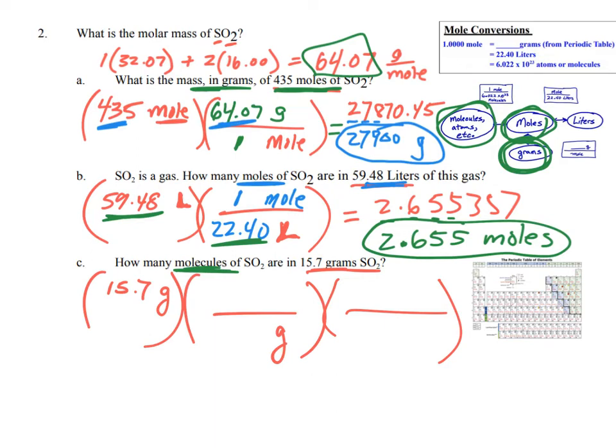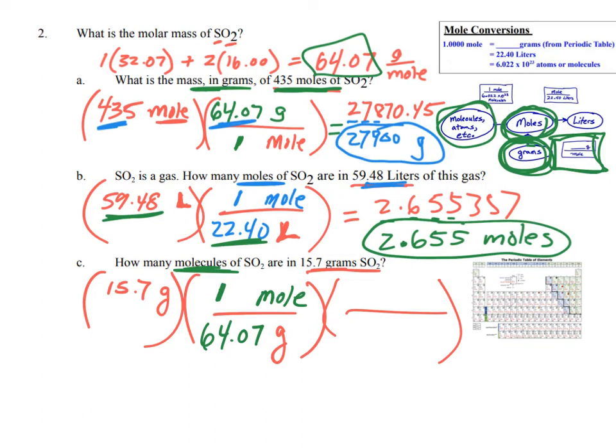For the first step, to convert from grams to moles, I'm going to have moles on the top right here. And that's going to be a conversion factor of the molar mass. That gives me the 64.07 grams for 1 mole.